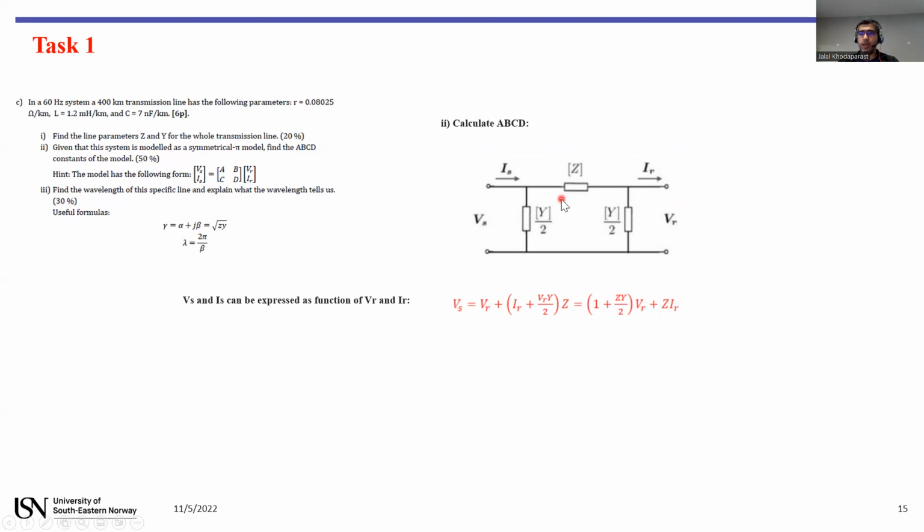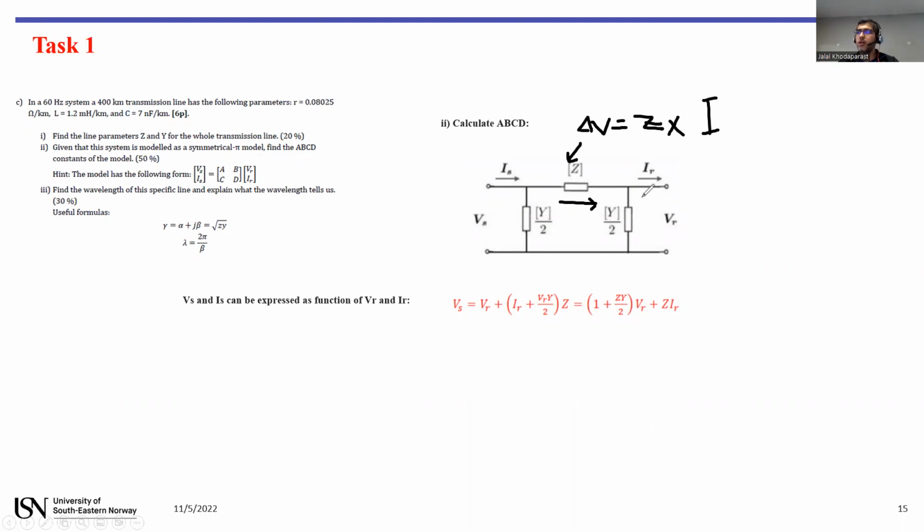According to this equivalent system, Vs will be VR plus the voltage drop over this impedance. The voltage drop here will be Z times the current passing through this impedance.